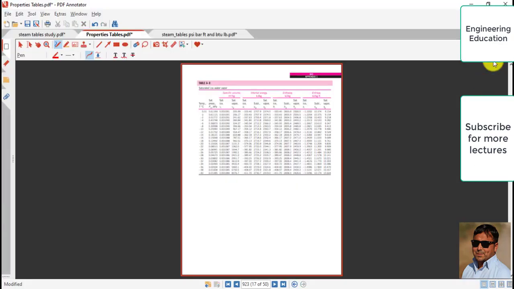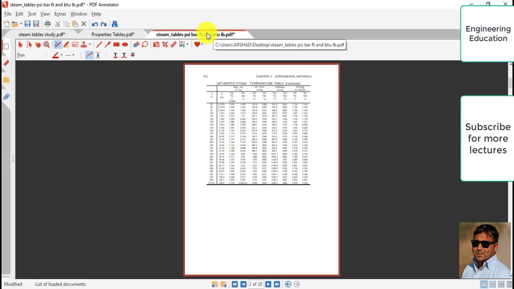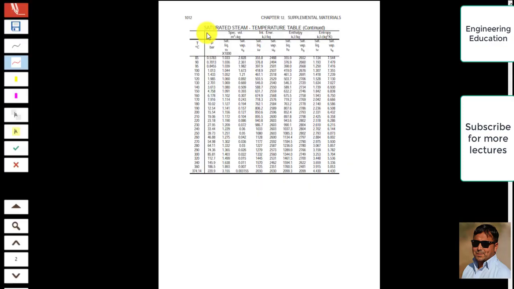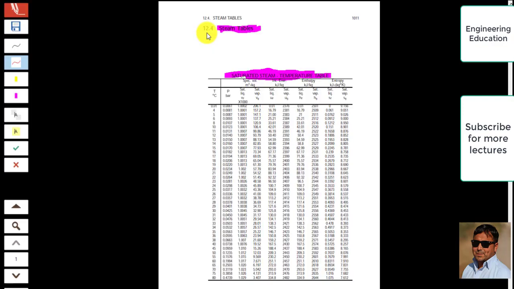Similarly, going to other tables which are important to discuss, steam tables. These are also steam tables, the saturated steam temperature table. Again we have the temperature column on the very left side, that's why it is called the temperature table. The pressure here is measured in bar. Sometimes according to the problem we have to use different types of tables.